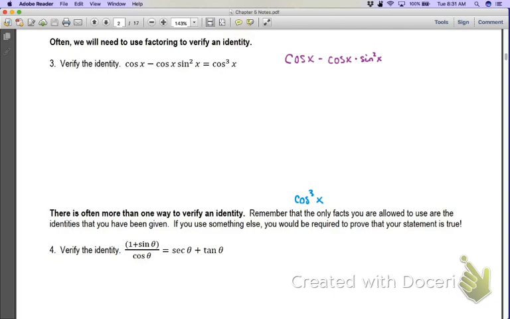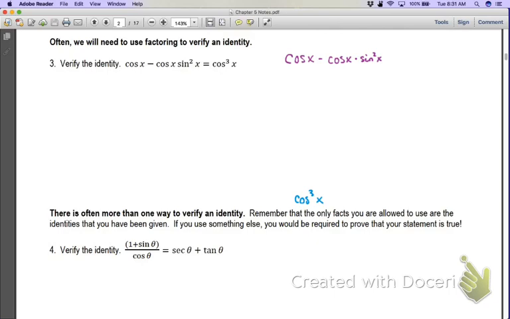So if I have cosine x minus cosine x times sine squared x, is there anything that I can factor out of the top, or the purple part? What's in both parts, with the subtraction sign? Cosine.